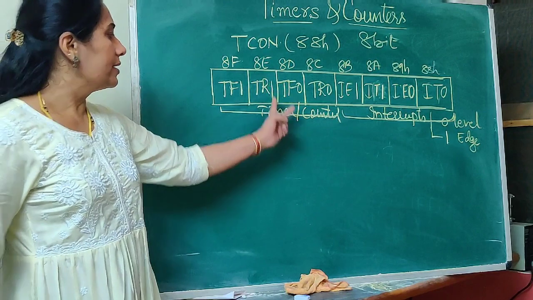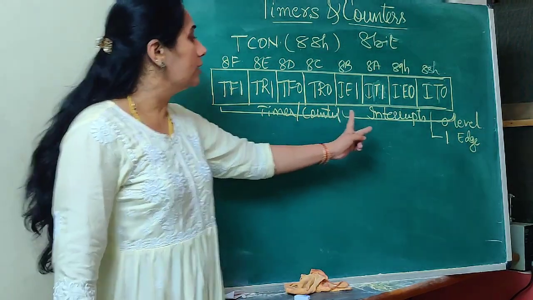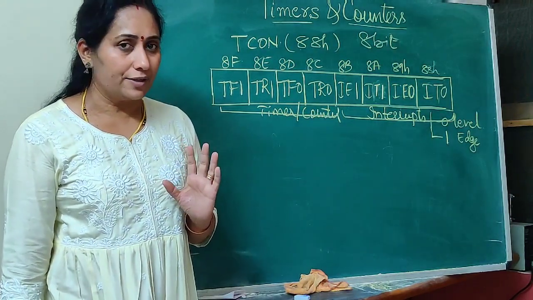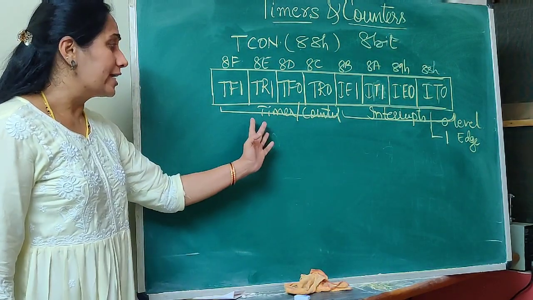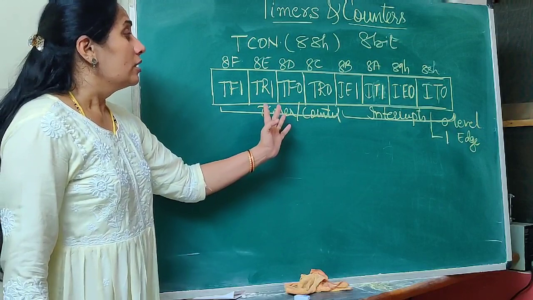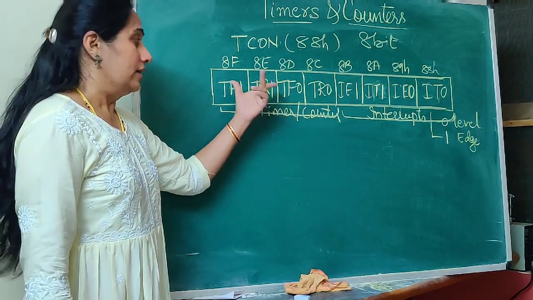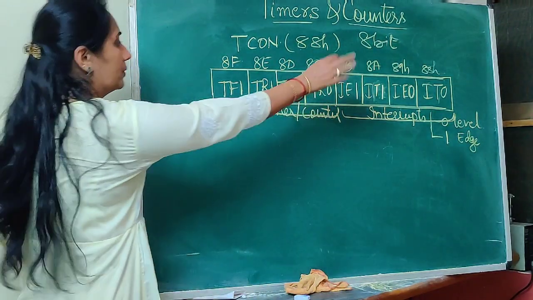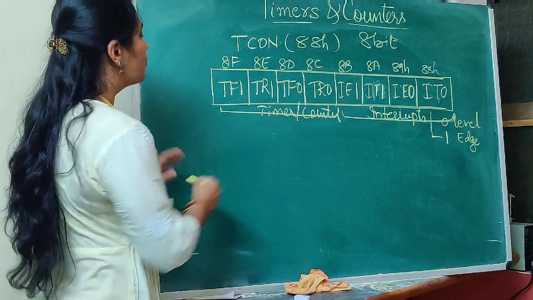So first let me explain the timer or counter higher nibble, and then we'll see the interrupt lower nibble.